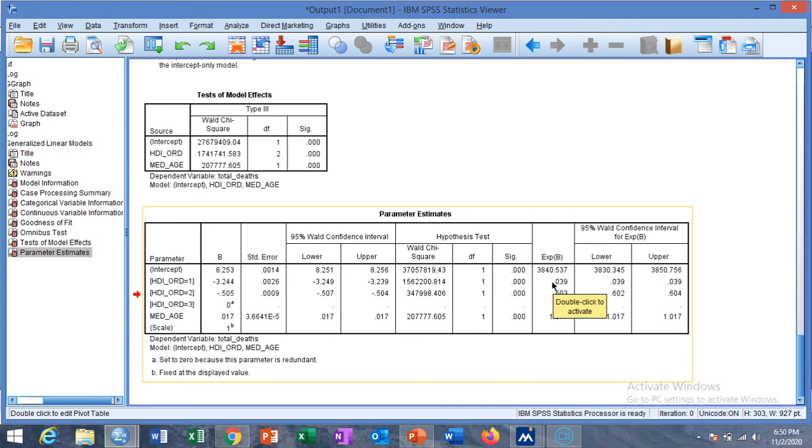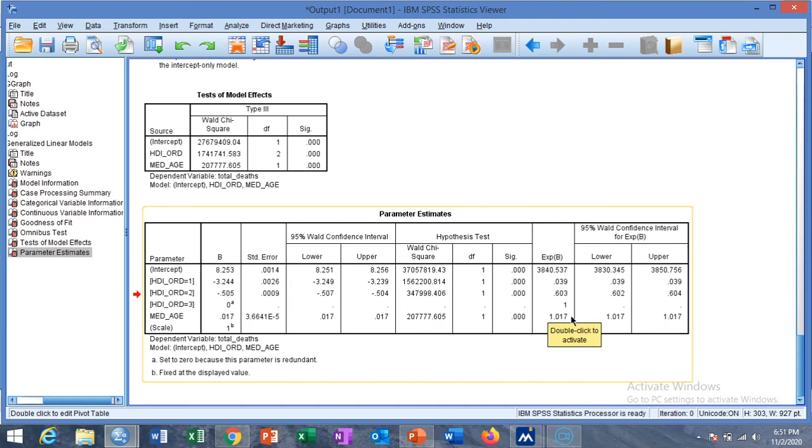We can say for 0.039 times change or increase occurs in the dependent variable with change from HDI order 2 to HDI order 3. Similarly, for median age, you can also see that the increase in median age results in increase in the number of COVID-19 deaths, as the value of exponentiated beta is 1.017, which is greater than 1.